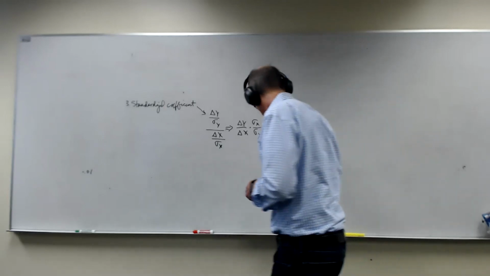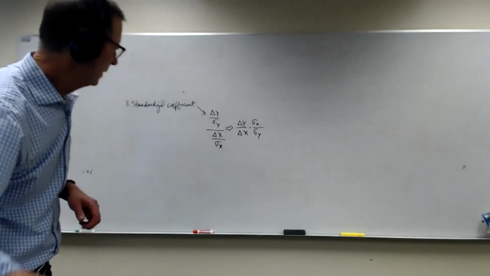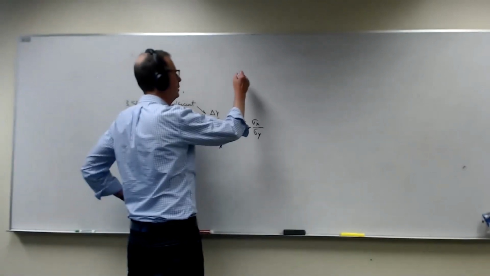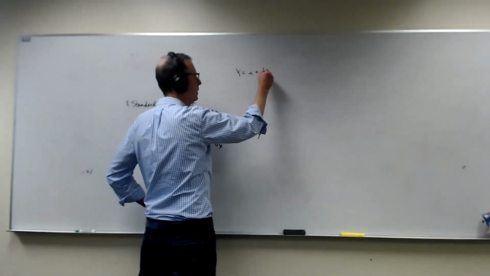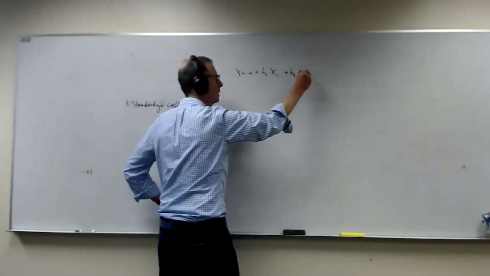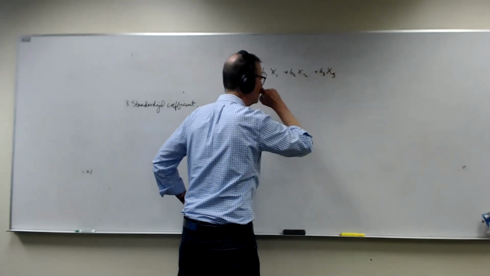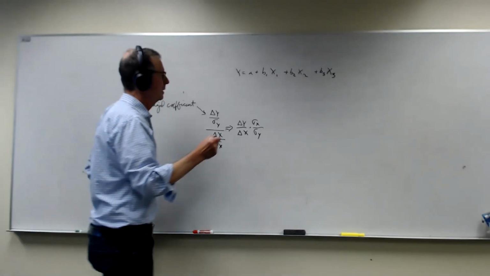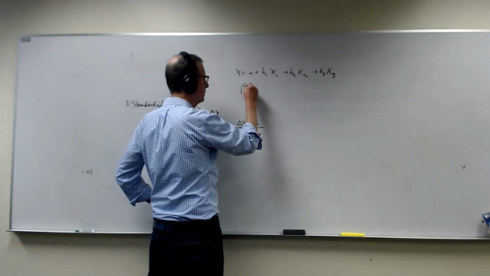And they do have advantages. Let's say you've got y equals a1 plus b1 x1 plus b2 x2 plus b3 x3. Let's say that beta is the standardized coefficient.